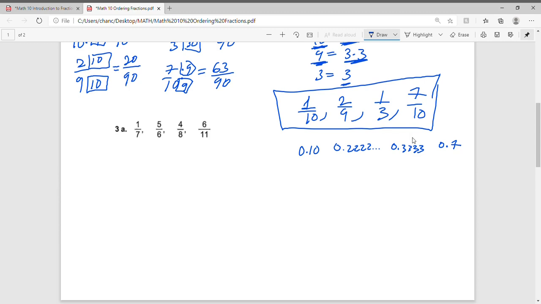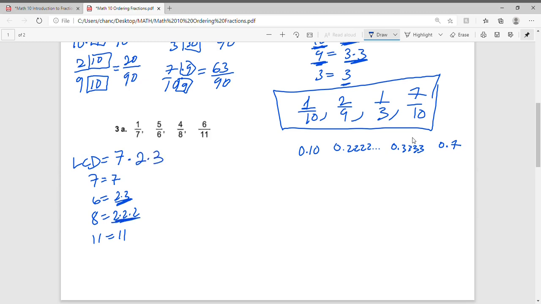Let's do one more together. Let's find the LCD. I know 7 is prime, can't break that down. 6 is 2 times 3. 8 is 2 times 2 times 2. 11 is prime, cannot break that down. I need to be divisible by 7, so we'll need a 7. I need to be divisible by 6, so we'll need a 2 and a 3.